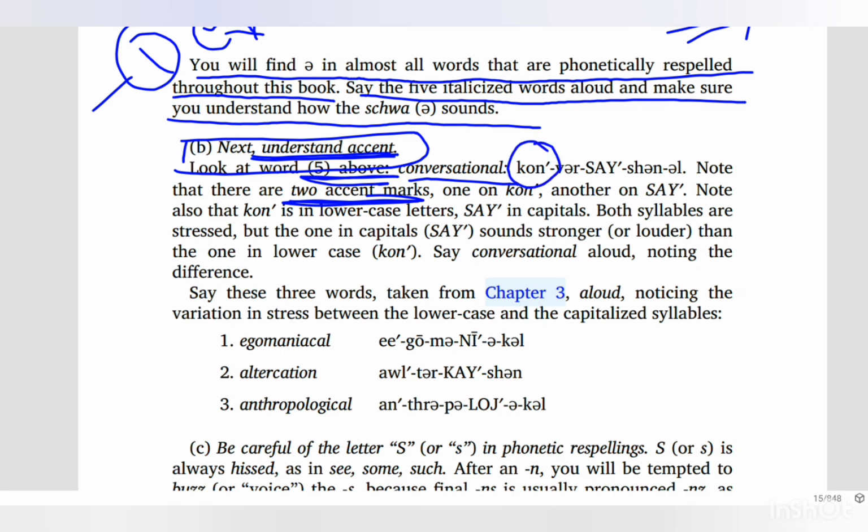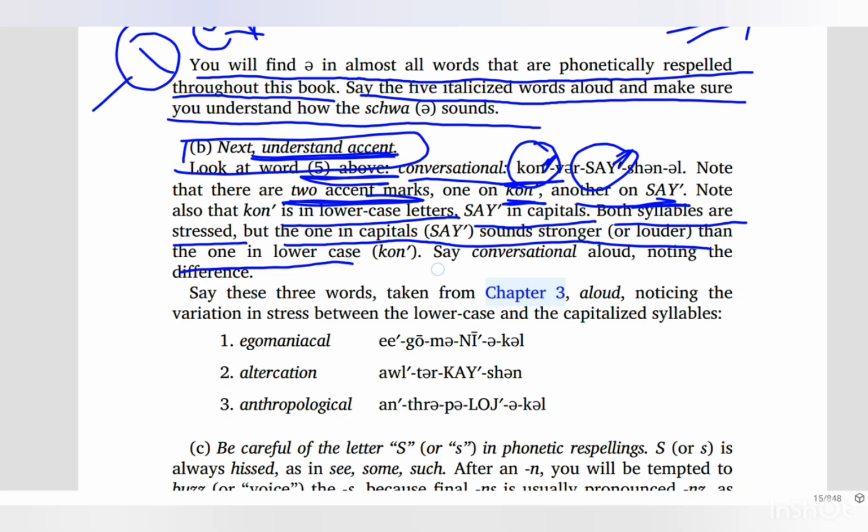This is the first accent mark right here, and this is the second accent mark right here. One on con, and another on say. Note also that con is in lowercase letters, say in capitals. You have to notice this. Both syllables are stressed, but one in capital letters sounds stronger than one in lowercase letters. Say conversational aloud, noting the difference.